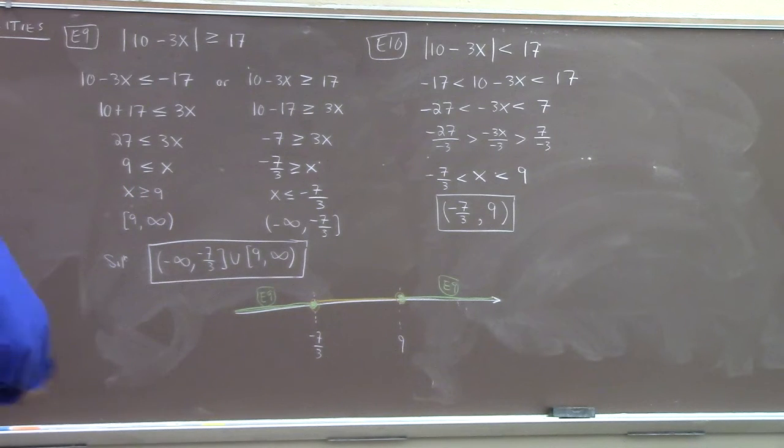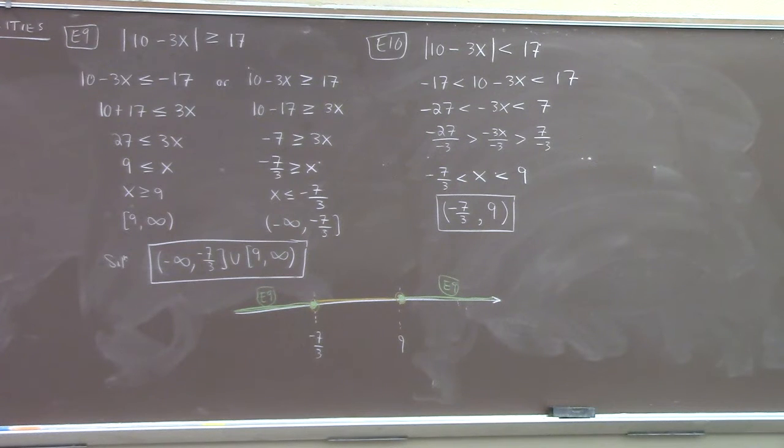So what's the overall theorem? If I had to summarize what we just did in these examples, here's the theorem. Number one, the absolute value of A less than some number, let's call it epsilon, is the same as minus epsilon less than A less than epsilon, all right?